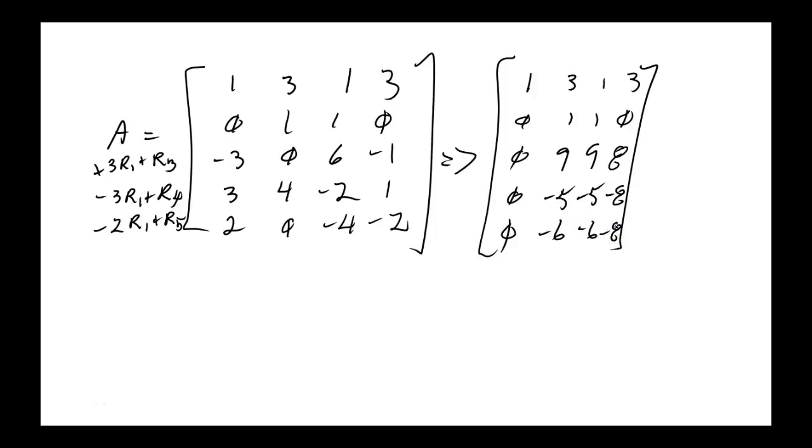We can make 2 of them 0, or no, you can't. Let's use row 2 and make it work.